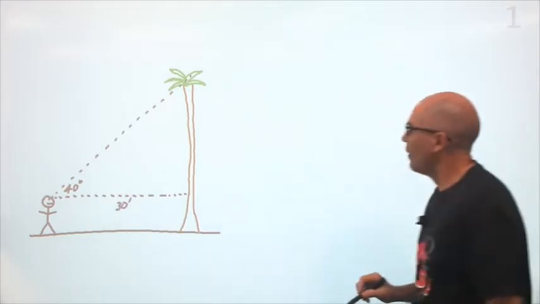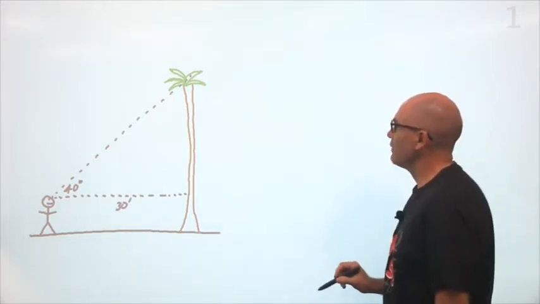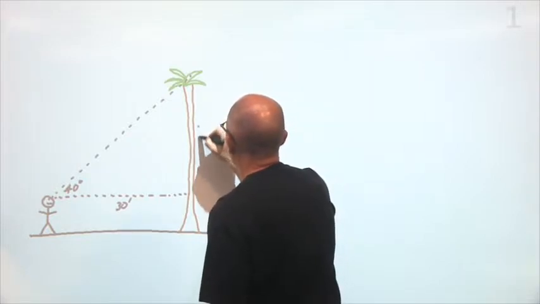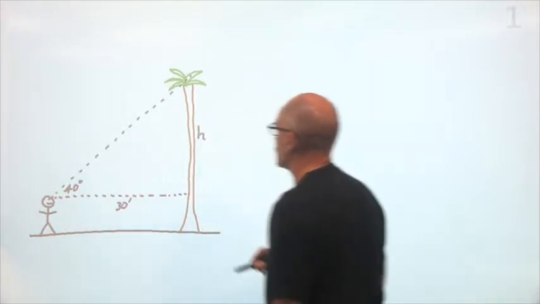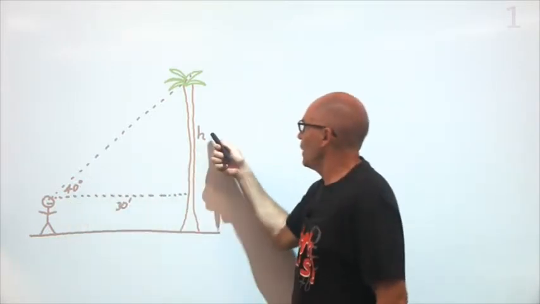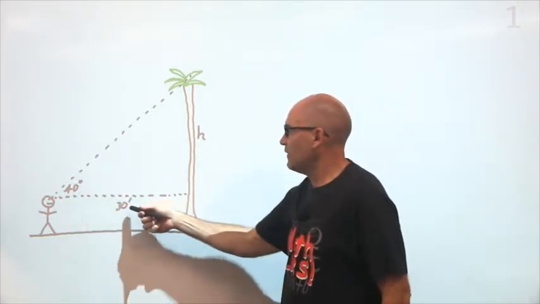All right, so now we basically have a triangle, and we're trying to solve for h. So we have the angle, we have the opposite side, and we have the adjacent side.